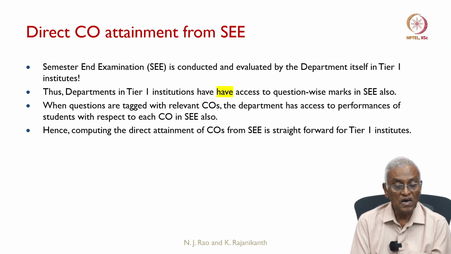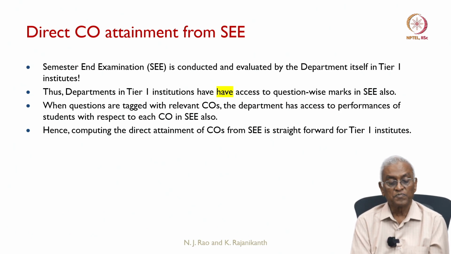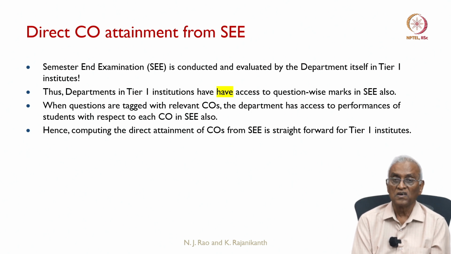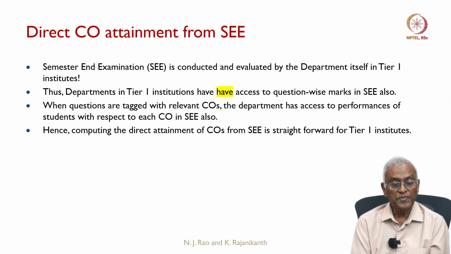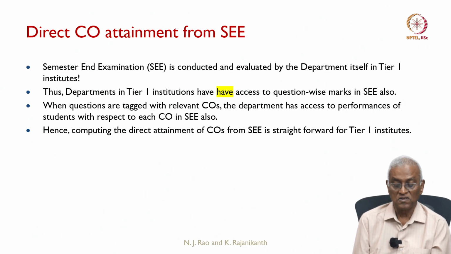When questions are tagged with relevant COs, the department has access to the performance of students with respect to each CO in SEE also. Hence, computing the direct attainment of COs from SEE is straightforward for tier 1 institutions.